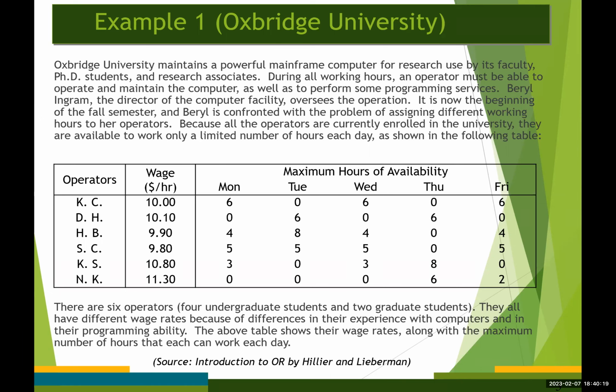During all working hours, an operator must be able to operate and maintain the computers, as well as perform some programming services. The director of the computer facility oversees the operation.